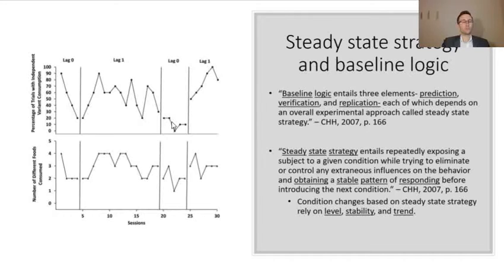But variant consumption was low in the second lag 0 condition and high as expected in the second lag 1 condition. These data suggest a functional relation between variant consumption and the lag 1 schedule of reinforcement, specifically that the lag 1 schedule of reinforcement increased variant consumption of foods within sessions by a boy with autism and food selectivity.